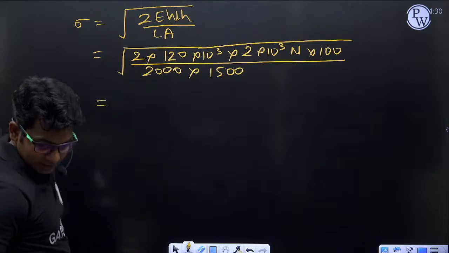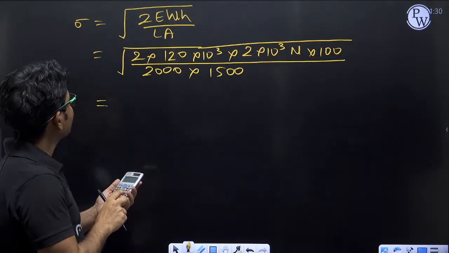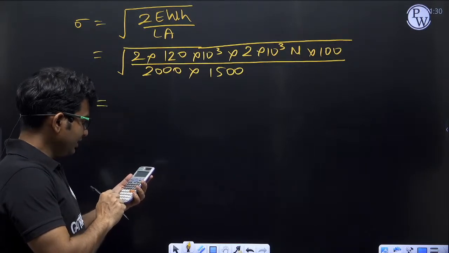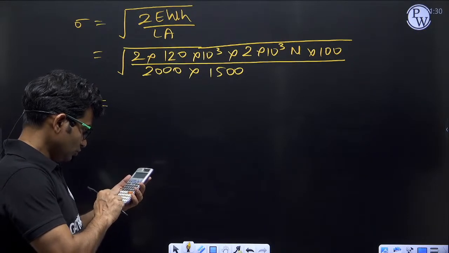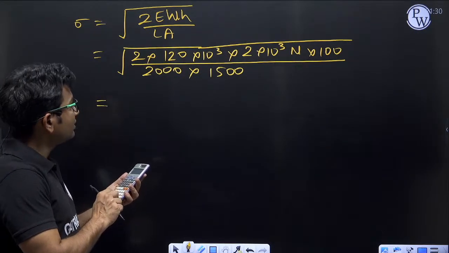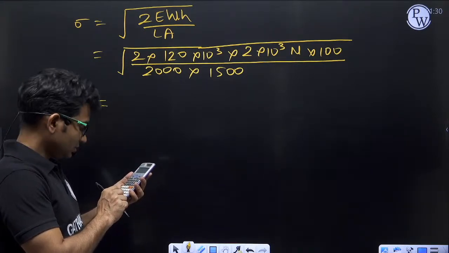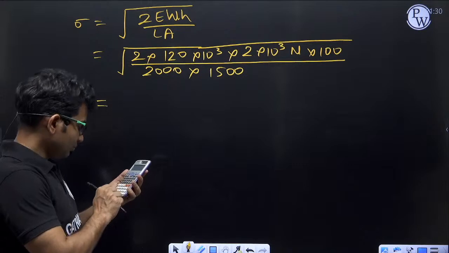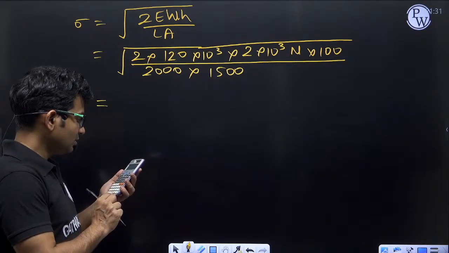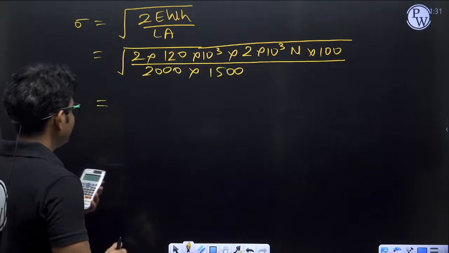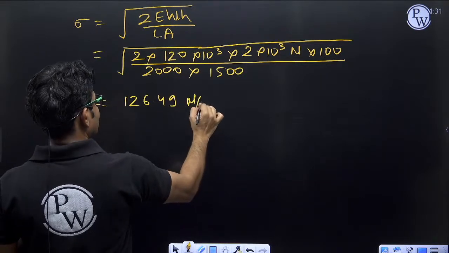Okay, so let us solve this. How much we are getting? 2 into 120 into 10 to the power 3 into 2 into 10 to the power 3 into 100 whole upon 2000 into 1500, 40 root 10, that means 126.49 Newton per mm square.